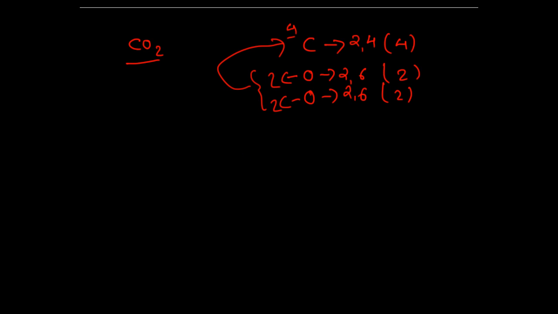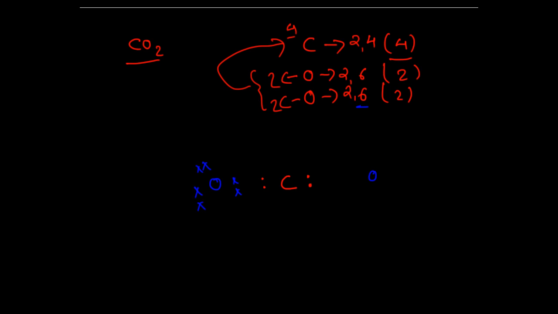The central carbon has 4 electrons in its outermost orbit, and since all of them are involved in the formation of bonds, 2 go to this side and 2 to this side. Now the 2 oxygen atoms are on either side of carbon, and each oxygen has 2 bonding electrons, and the remaining 4 act as lone pairs.